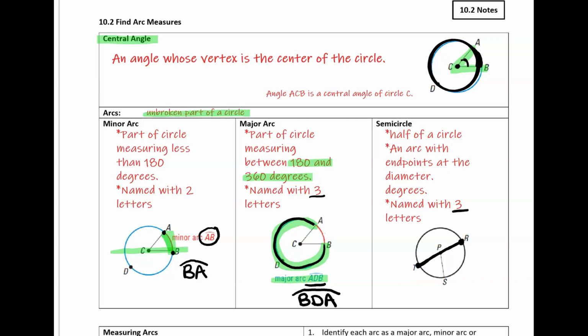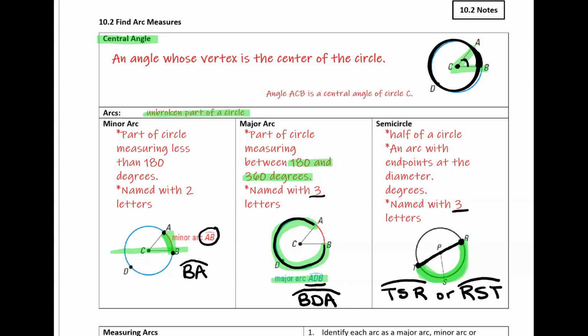So for example, in this picture, we have TSR or RST. So that is a semicircle. So you still have to name it with three letters. So TSR, arc over it, or RST with an arc over it.